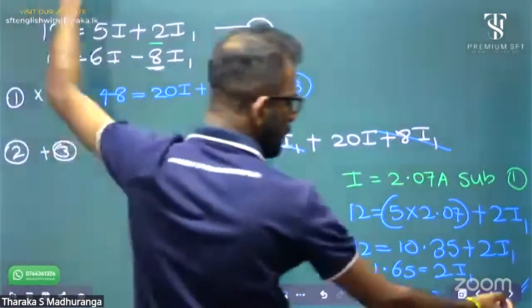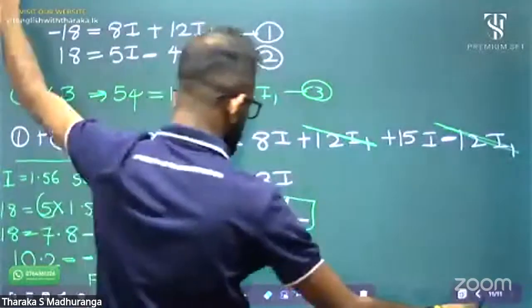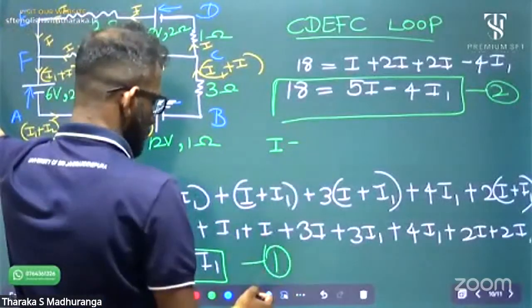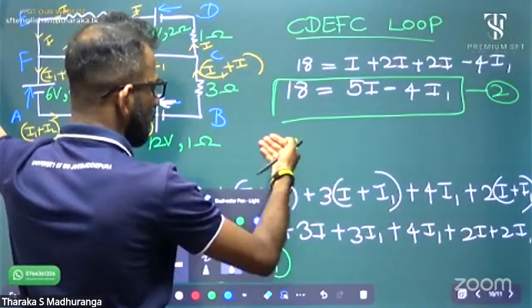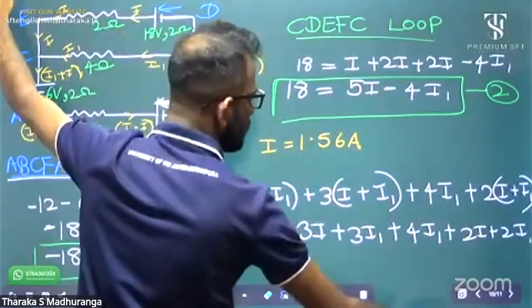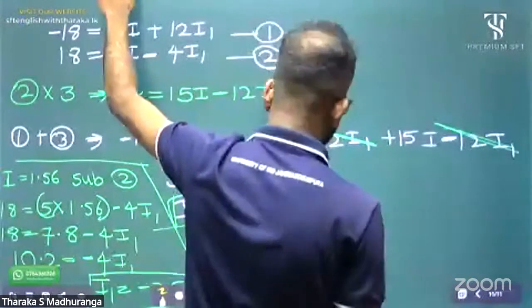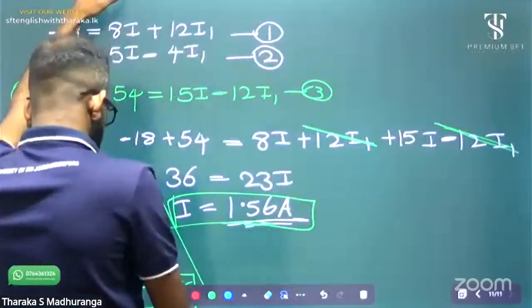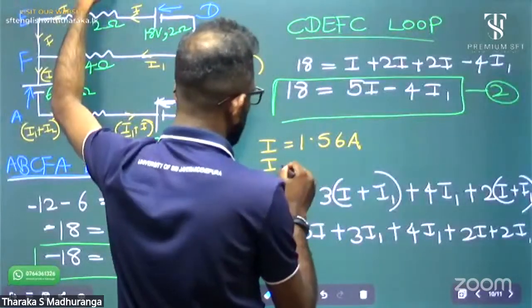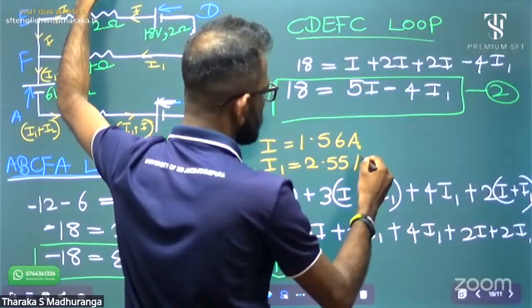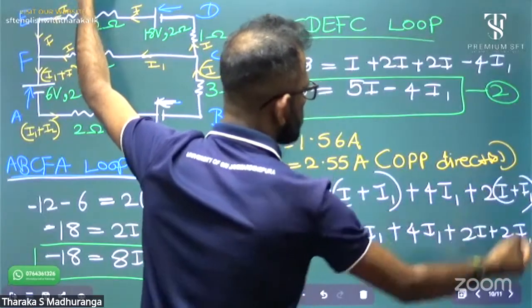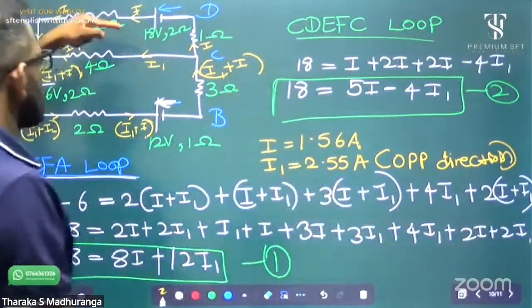So I1 equals 2.55 ampere in the opposite direction, not our marked direction.